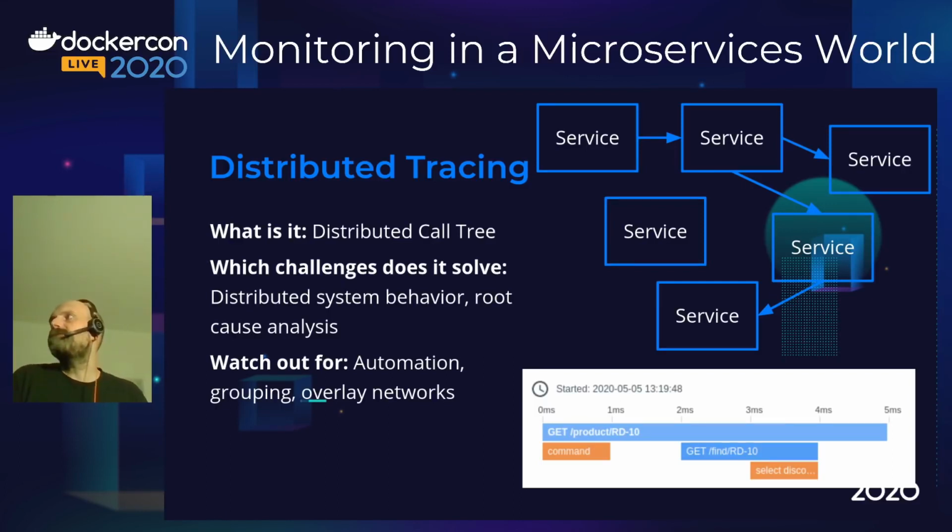There are different ways how to do this. Like, for example, in Java, typically those systems have Java agents that you can attach to the running process and that then instrument your service with tracing, and all of a sudden your legacy service provides tracing data.